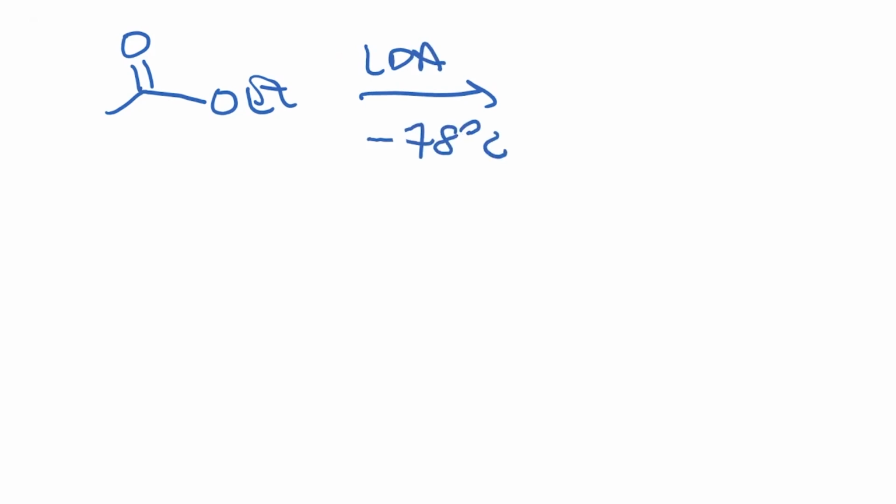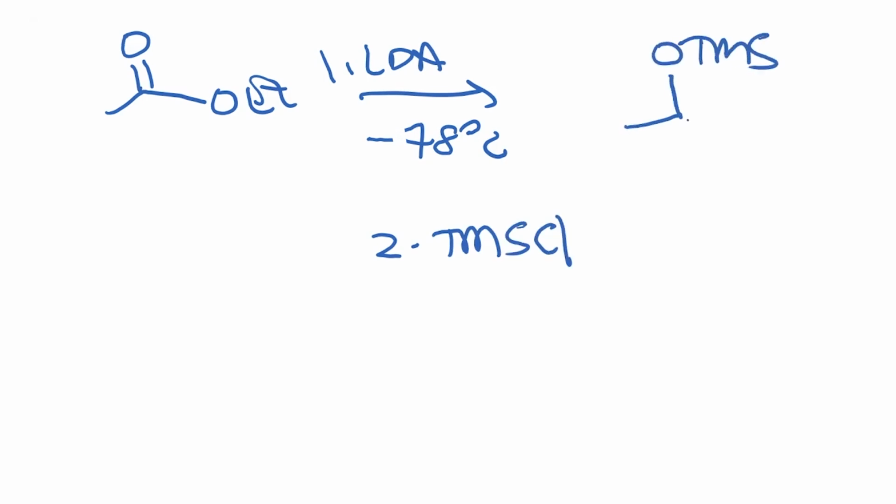This is step number 1. Step number 2 is to add TMSCl. The product you get is O-TMS, OEt double bond.